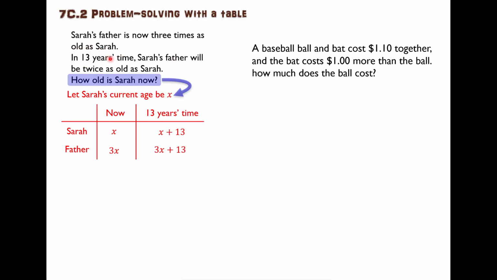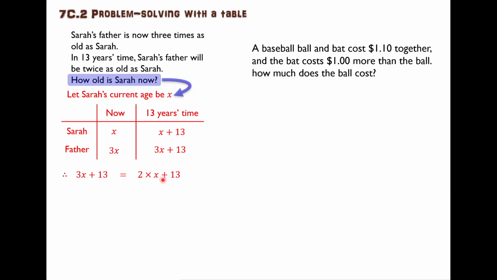In 13 years' time, Sarah's father, 3x plus 13, will be twice as old as Sarah, x plus 13. In other words, Sarah's father's age, which is this, is equal to twice Sarah's age, 2 times Sarah's age.